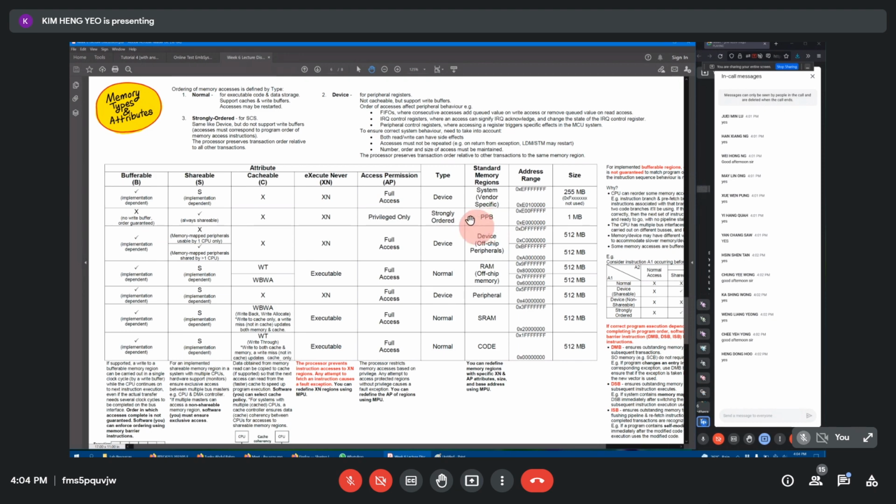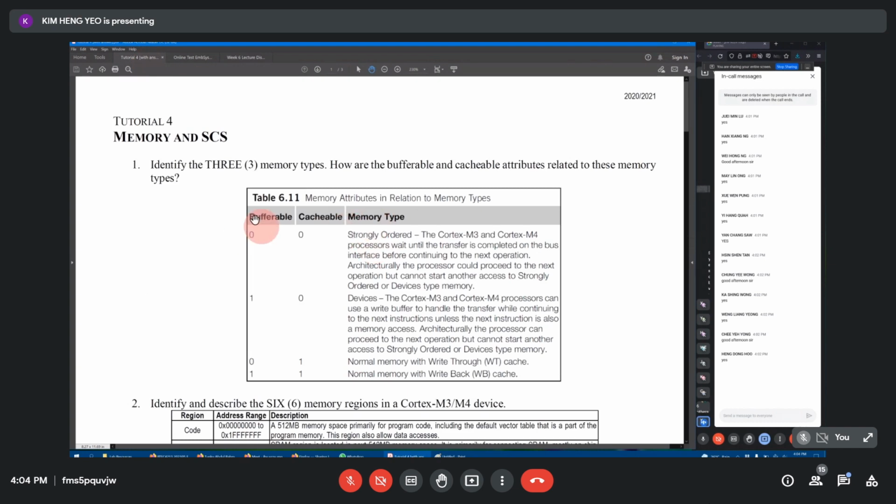Now, what does it mean? Strongly ordered is non-bufferable and non-cacheable. Non-bufferable means you cannot buffer accesses to this region. Bufferable means the processor can write something to a buffer and then proceed without waiting for the write to complete.